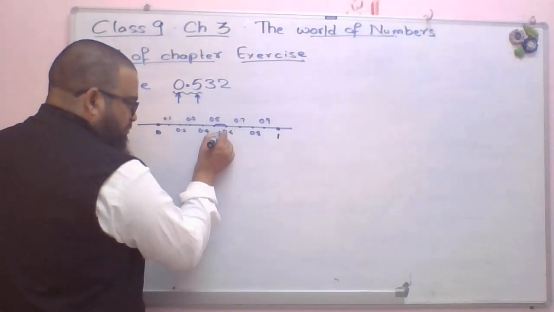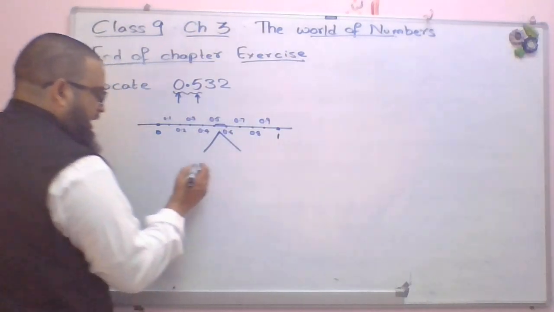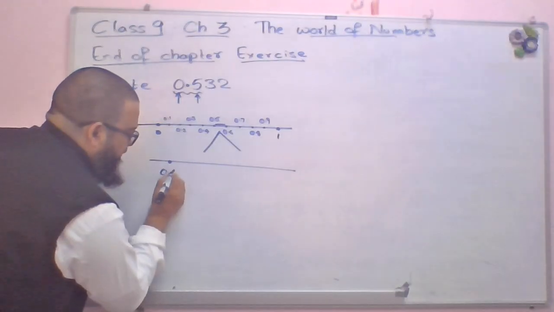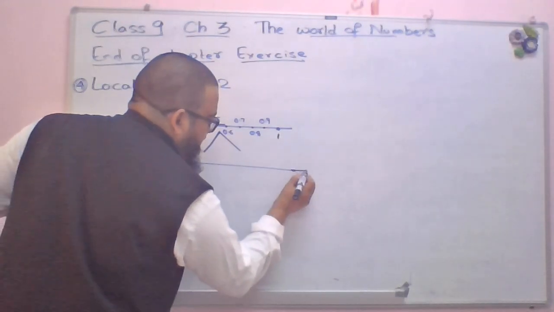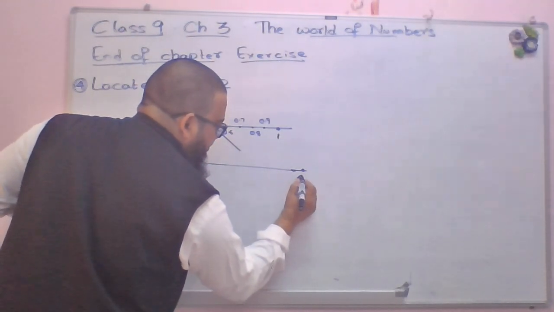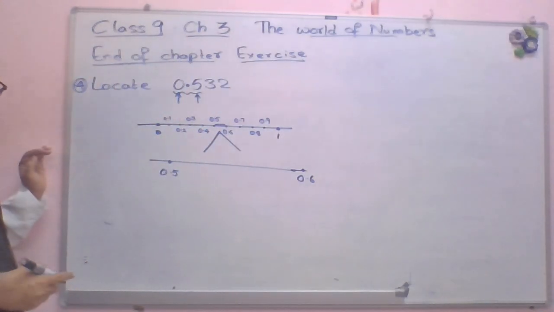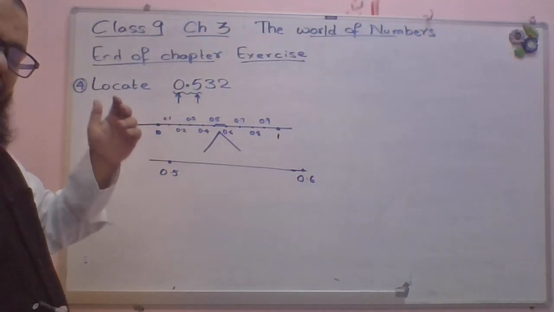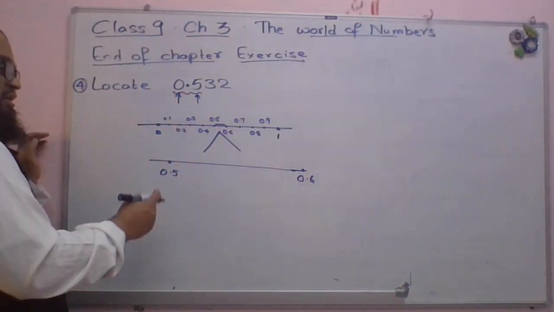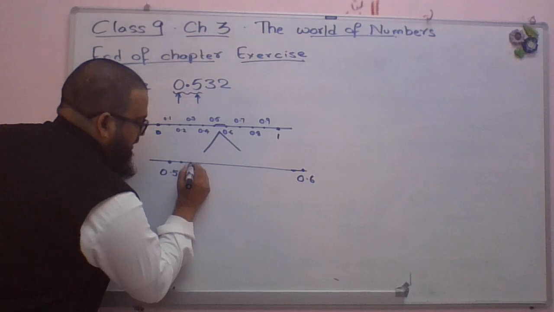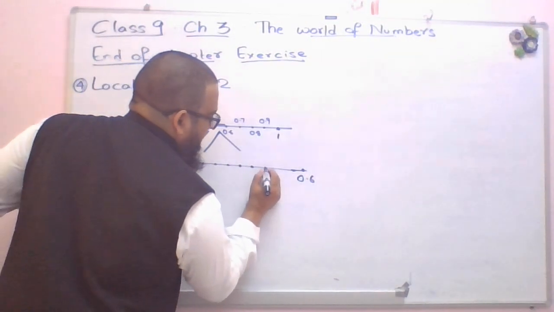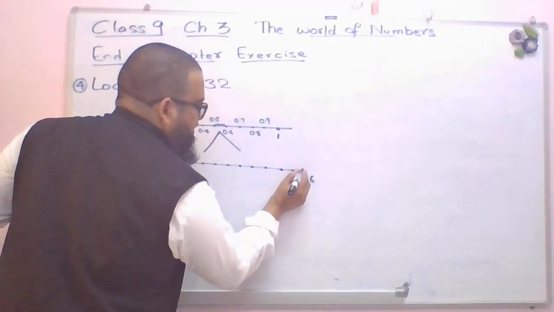Now let us magnify it and draw. This is 0.5 and this is 0.6. Since the next part will also be a 10th part, let us divide it into 10 equal parts: 1, 2, 3, 4, 5, 6, 7, 8, 9 and this is 10.